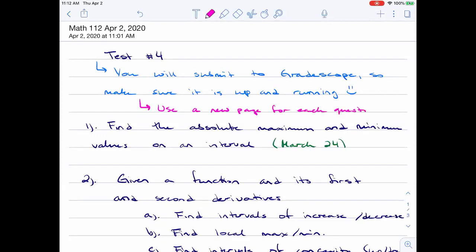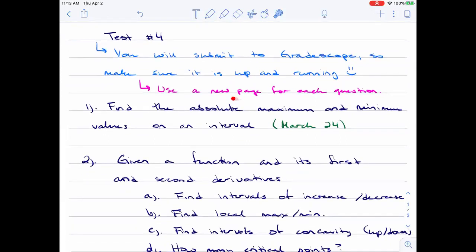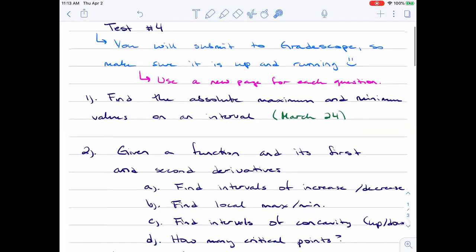Some of these will probably require more than 1 page, but if you put question 1 on a new page, it'll be easier to figure out where your work is, especially if you're not printing these off and you're just writing on paper on the side, that's fine. But just make sure that you use a new page for each question. I forgot to add that on there, but I think it'll be really helpful. Okay.